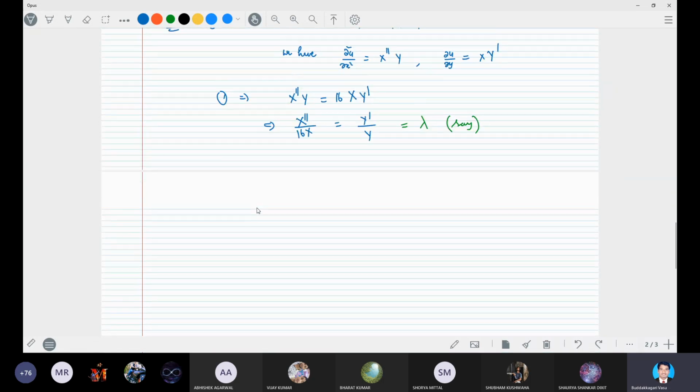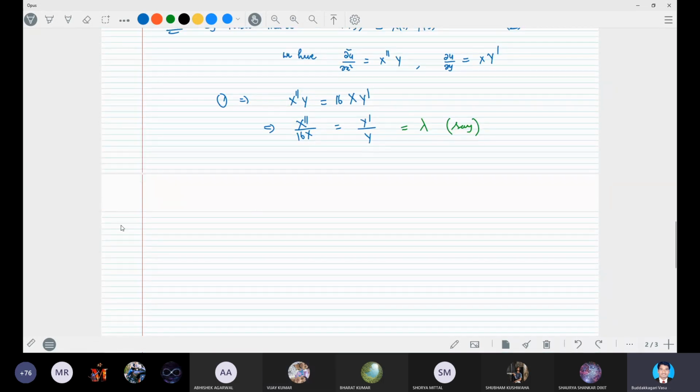Now this results in two ordinary differential equations. Say this is equation 3. From 3 we can write X double dash minus 16 lambda X is equal to 0, and don't confuse, this is not lambda into X. Next, Y dash minus lambda Y is equal to 0.